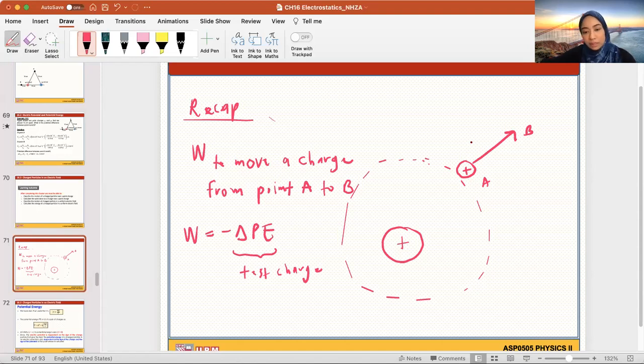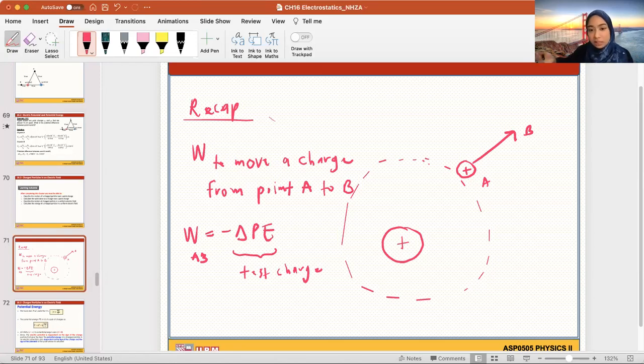When we move something, there is going to be a change. And what change is that? It's called the potential energy. And work done to move from point A to point B is equal to the negative of the change in potential energy. So let's say if the charge gains potential energy, so that's a positive change in potential energy, which means that the work done to move it from point A to point B is going to be negative, and vice versa.